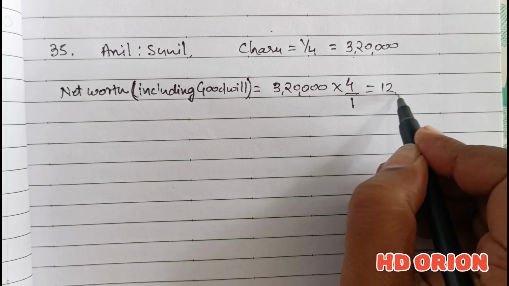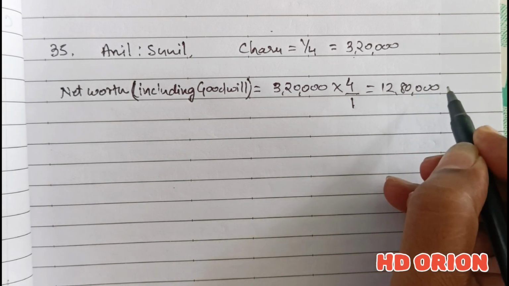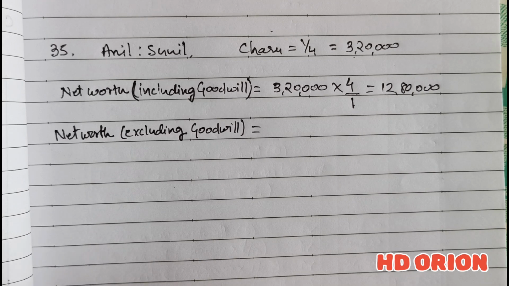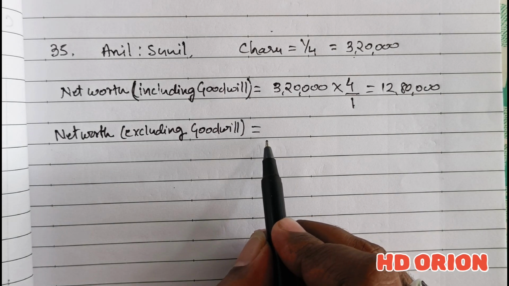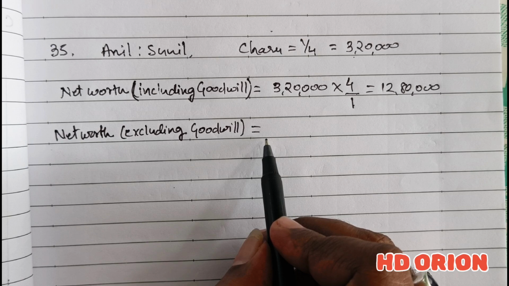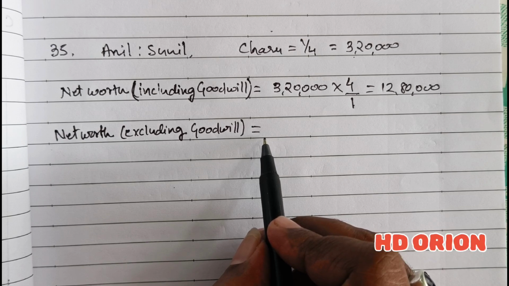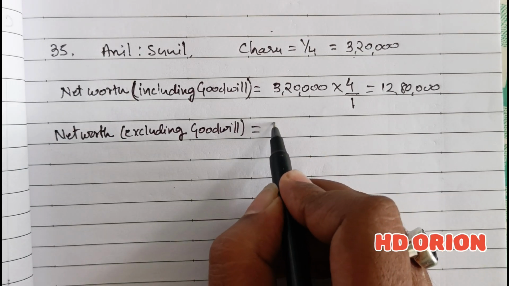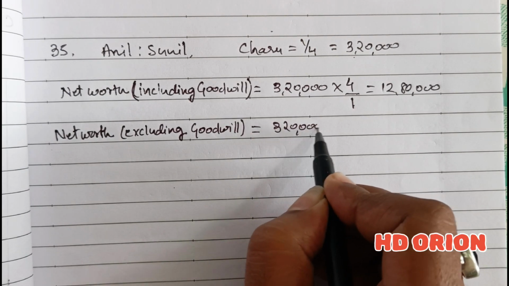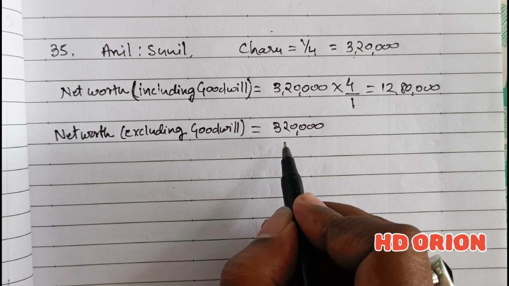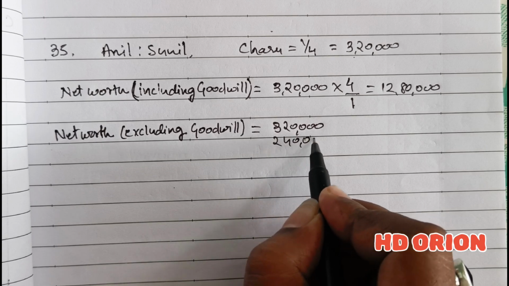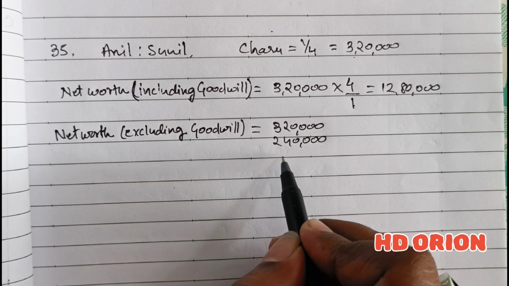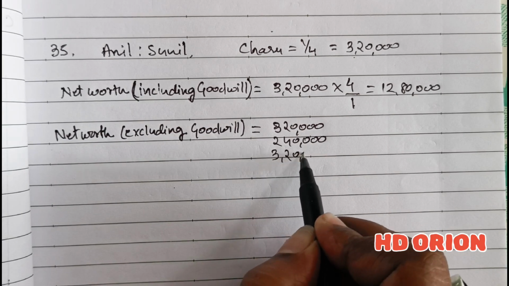is rupees 12,80,000. Now we will calculate net worth which is excluding goodwill. That is the total actual capital of all the three partners, Anil, Sunil and Charu. As given in the question, Anil's capital is rupees 3,20,000, Sunil's capital is rupees 2,40,000, and Charu's capital is rupees 3,20,000 again.